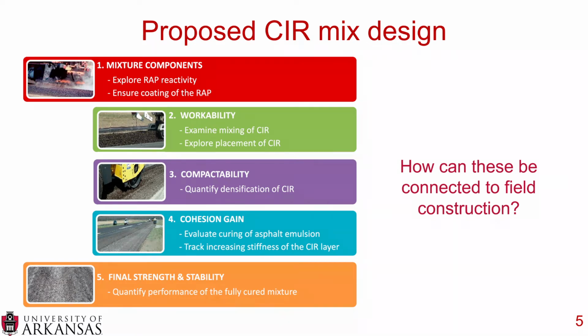The workability looks at mixing and placing the CIR. The compactability looks at densifying the CIR. And then there's the cohesion gain, which is when the asphalt emulsion is still containing water, and that needs to evaporate. And that evaluates the curing of the asphalt emulsion, so the breaking of the asphalt emulsion stage.